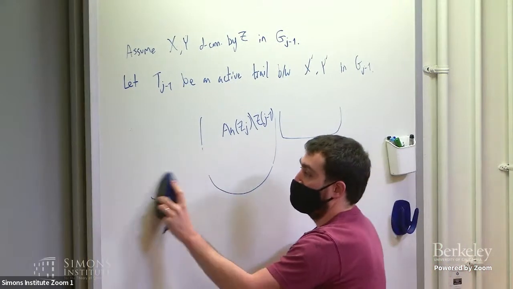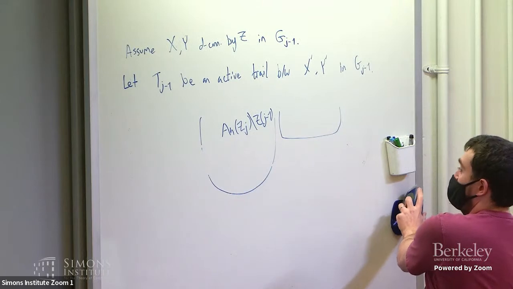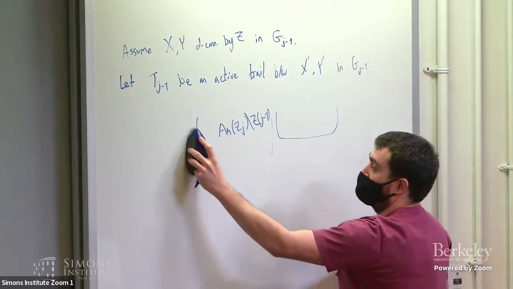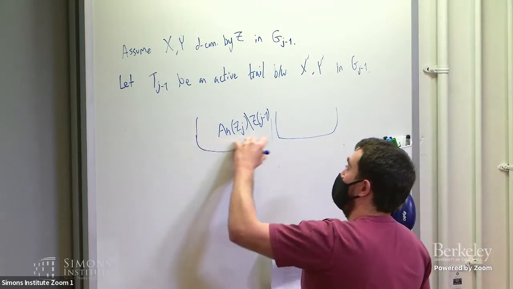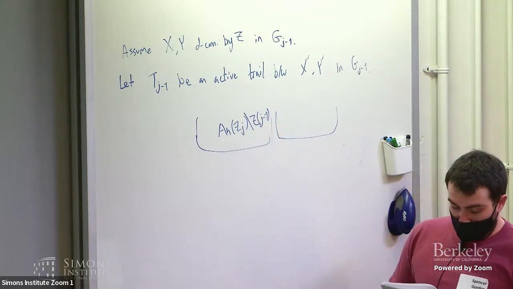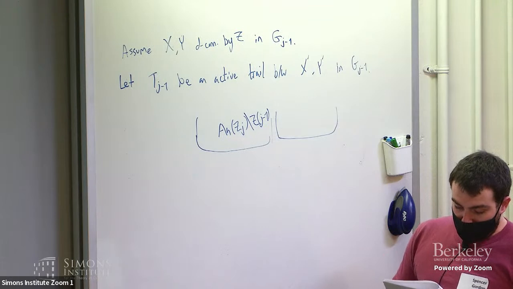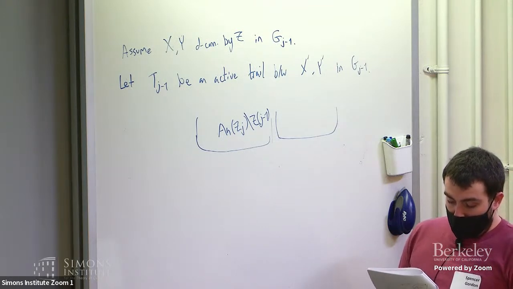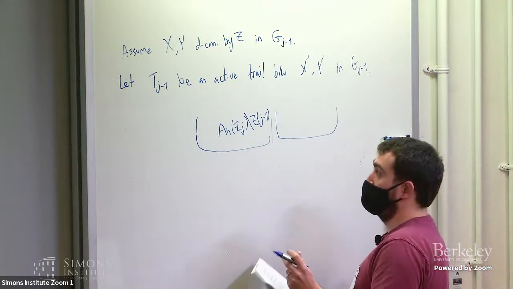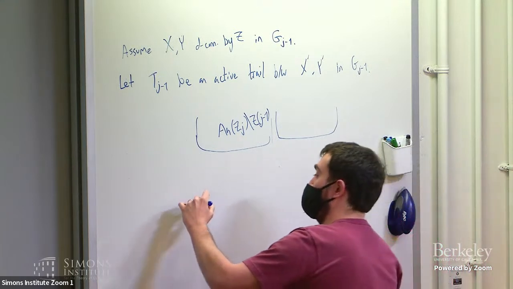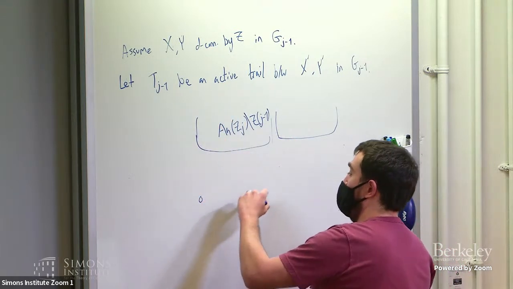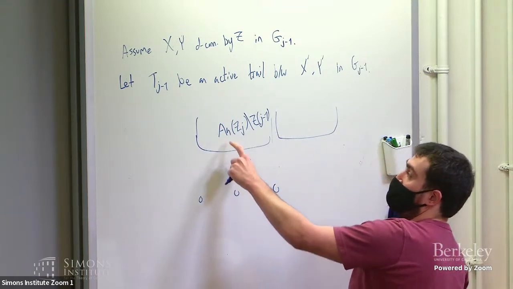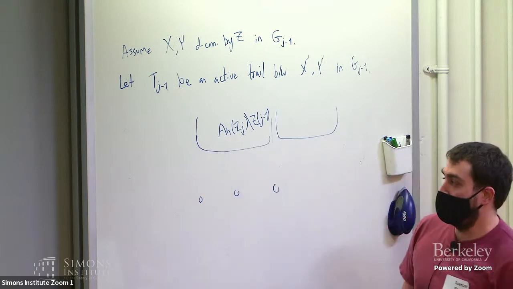So let's explicitly look at such a trail. Okay, so let's look at a segment of our trail TJ minus 1 that consists of a bunch of vertices in this ancestor set.